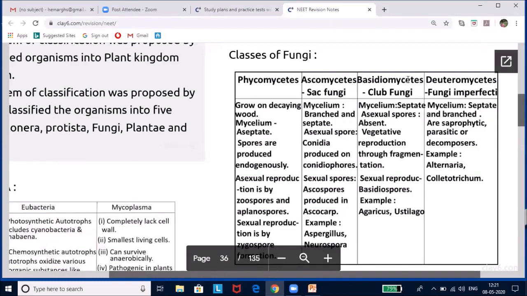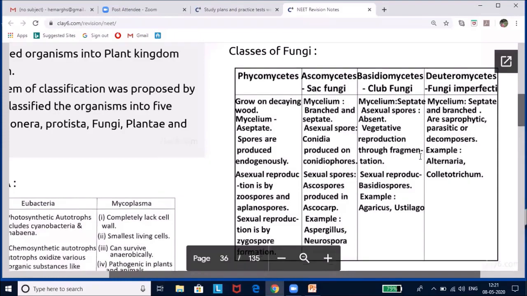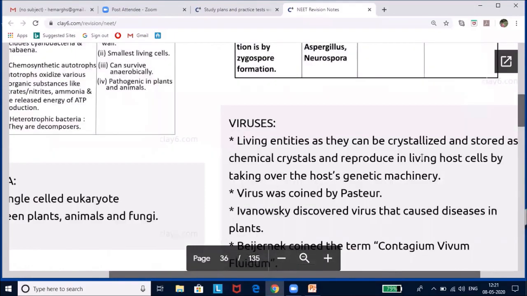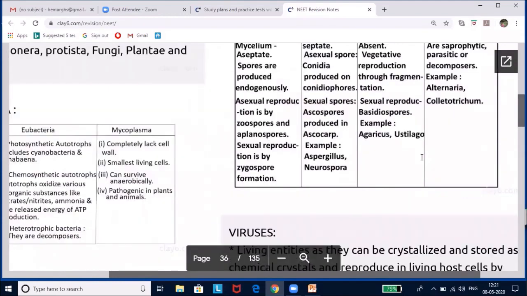So for those organisms whose sexual stage has not been discovered even till now, they have been kept under fungi imperfecti. Examples: Alternaria, Colletotrichum, Trichoderma, etc. And most of the plant diseases are caused by Deuteromycetes or fungi imperfecti.